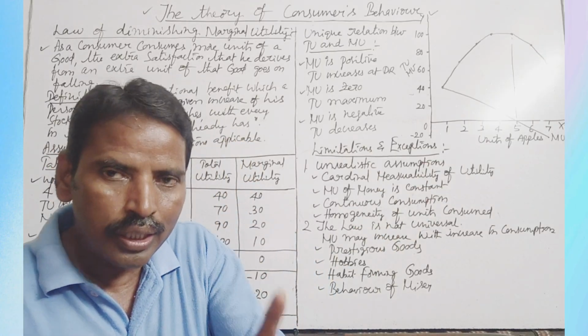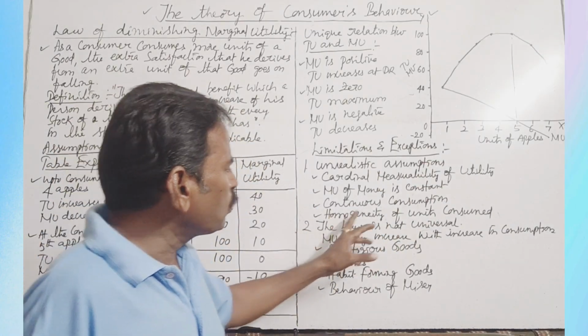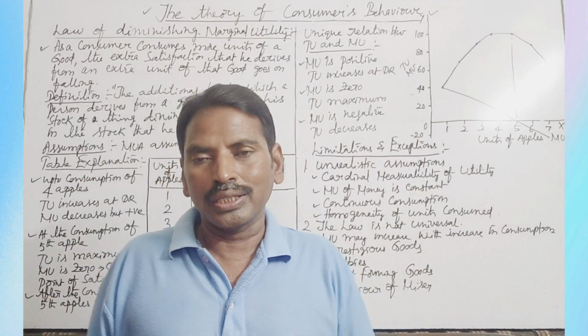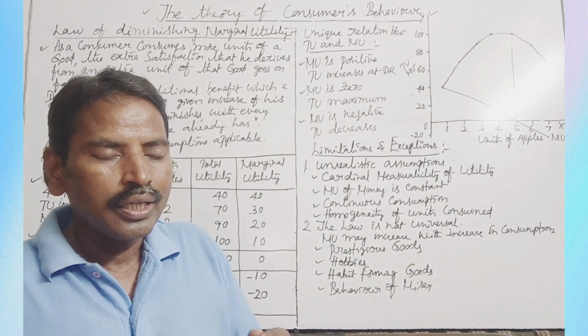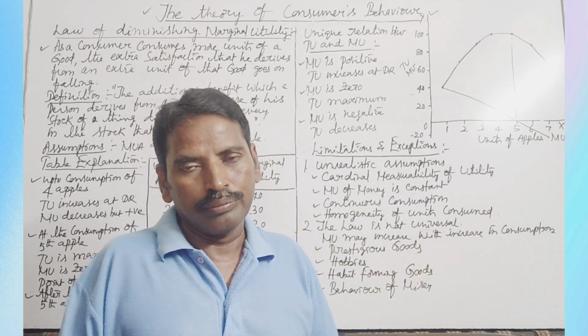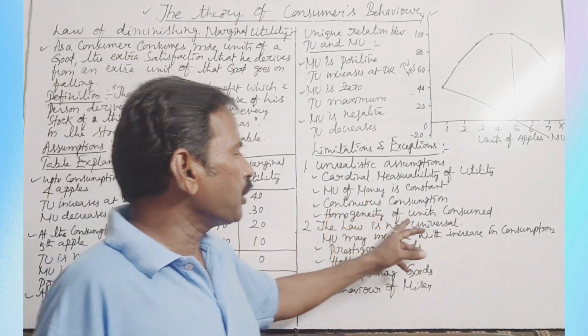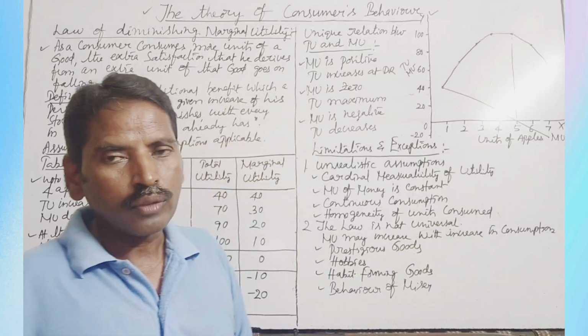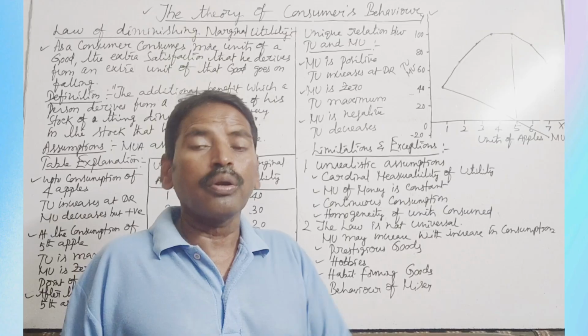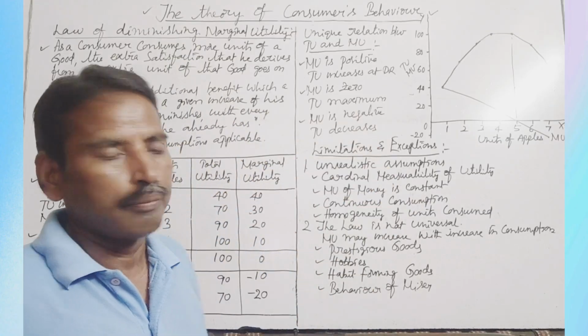That is also an unrealistic assumption. Homogeneity of units consumed is a rare case. Generally, there are differences from unit to unit. That means there is heterogeneity also, and product differentiation is also there.